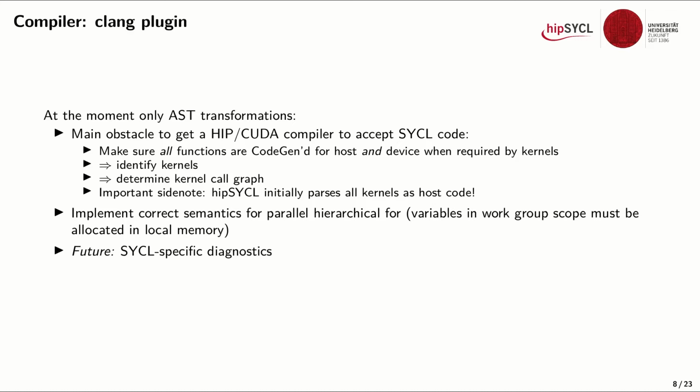Because in CUDA you have to explicitly mark functions as device if they're supposed to be compiled for device, but in SYCL this is no longer necessary. The SYCL compiler must be able to figure this out on its own. So our clang plugin must identify kernels, determine the call graph inside the kernel, and then make sure that all those functions in the call graph get emitted to device as well.